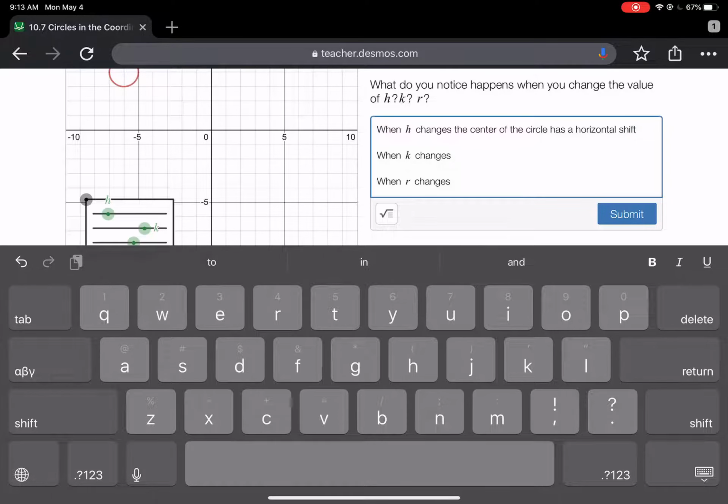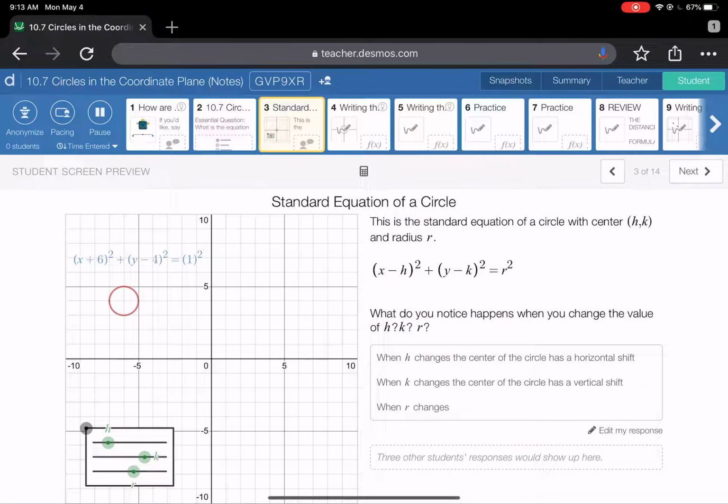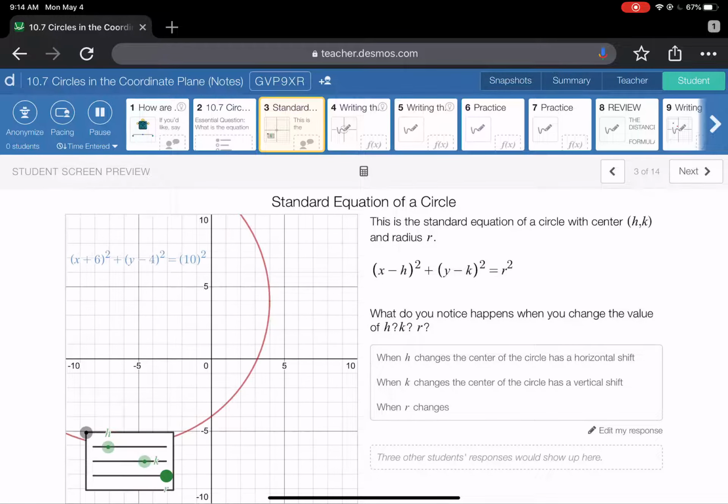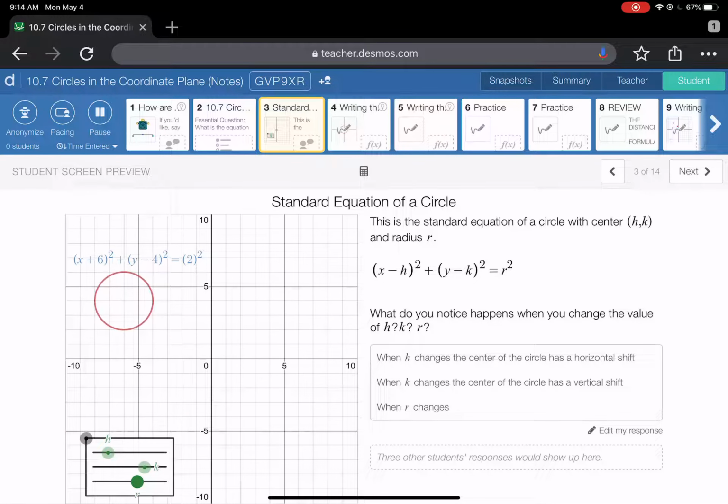And then when k changes, the center of the circle has a vertical shift, so up and down. And then the last one that we have is r. So r represents the radius. We should expect the circle to get larger the bigger the r value is.